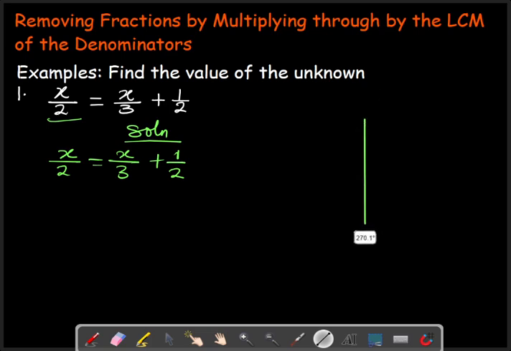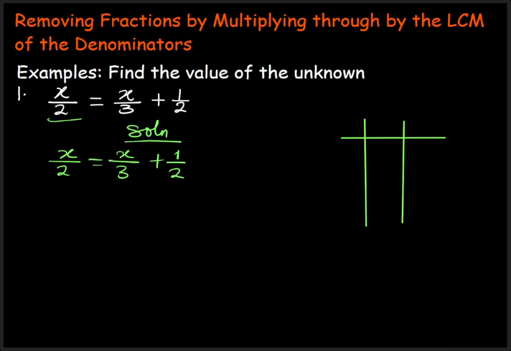So that means we are looking at 2 and 3. Okay, so this will give us 2, and then this will give us 3. So if we use 2, this is 1, bring down 3. If we use 3, this is 1, and then we have 1 here. So our LCM is what? Our LCM is 2 times 3, which is 6. So we multiply each of the terms by 6.